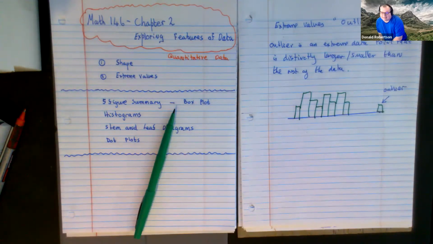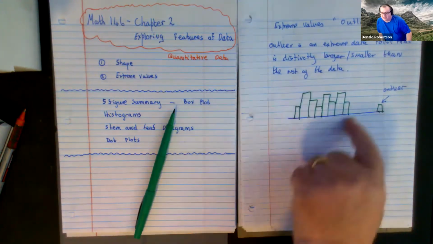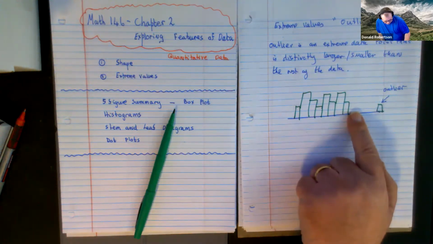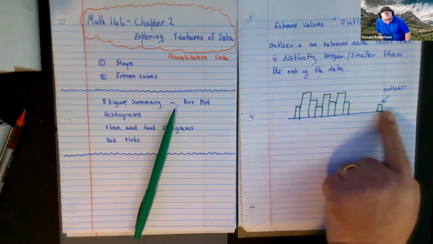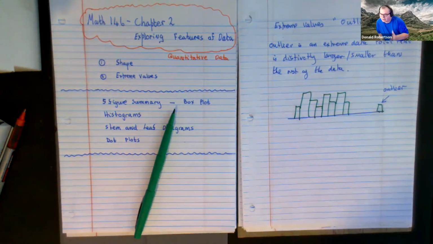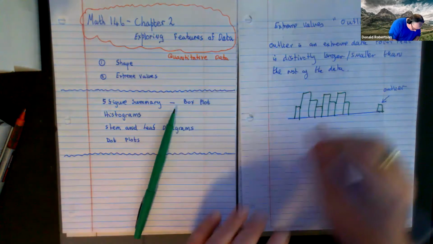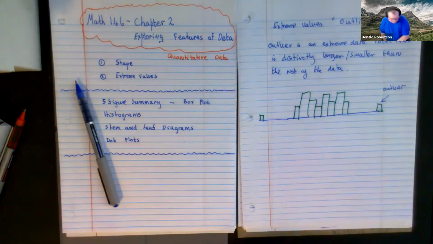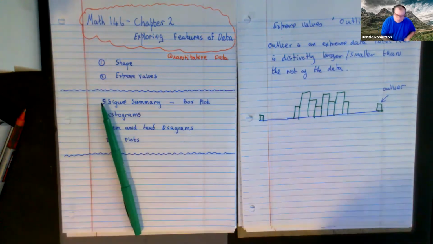Outliers don't care what the shape of the data is. Outliers only matter in the sense that there is a distinct difference between them and the rest of the data. This one would be a big outlier, right? An outlier that's extremely large. Of course, couldn't you also have an outlier over that side? That would count as an outlier as well.